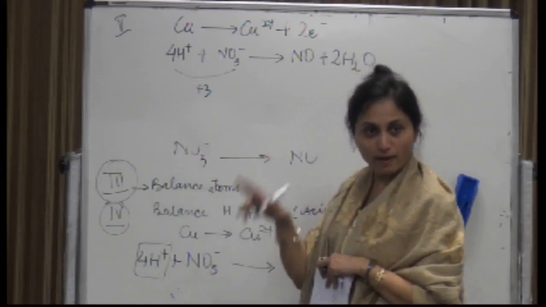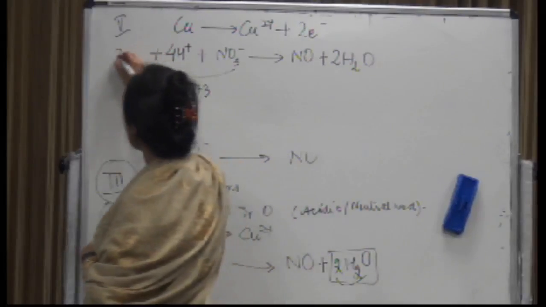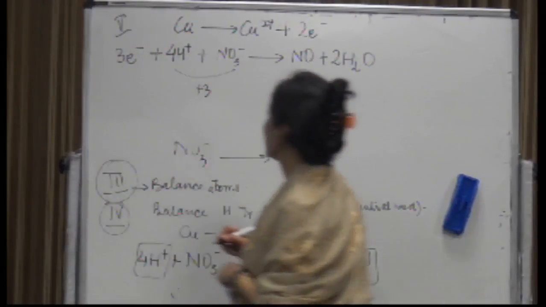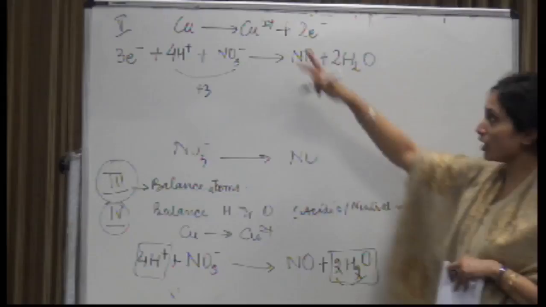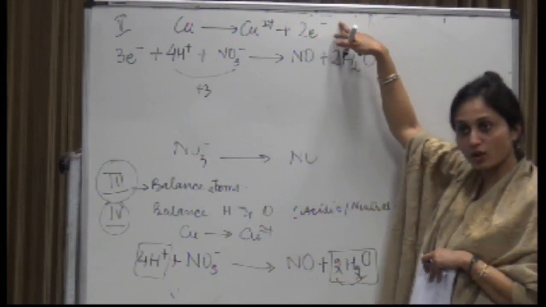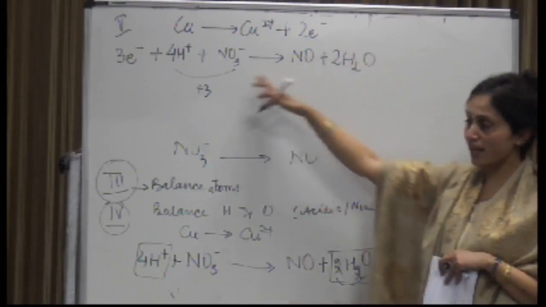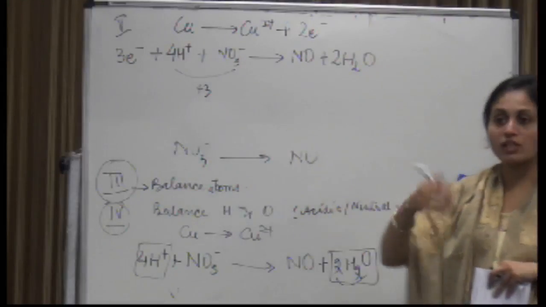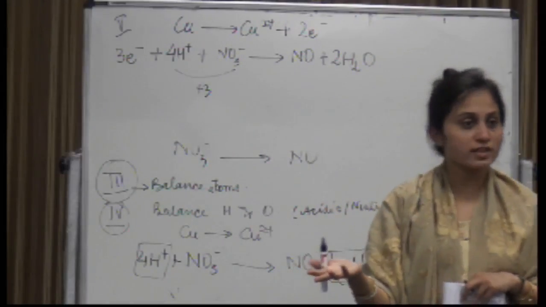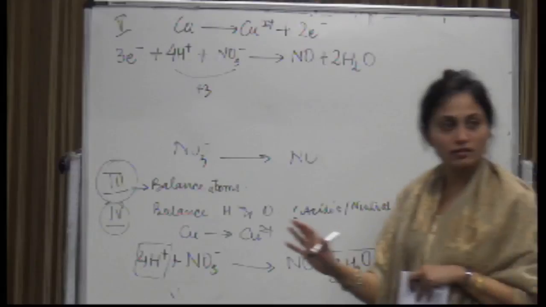So I have to balance this out by adding 3 electrons on this side. And moreover oxidation reaction will be loss of electrons and reduction reaction will be gain of electrons. So it's kind of a check for yourself. समझ में आ रहा है?